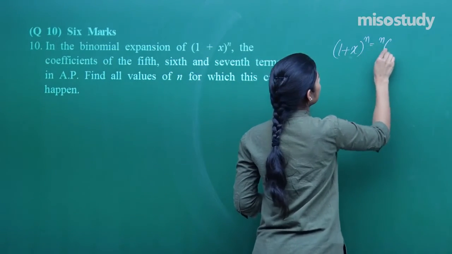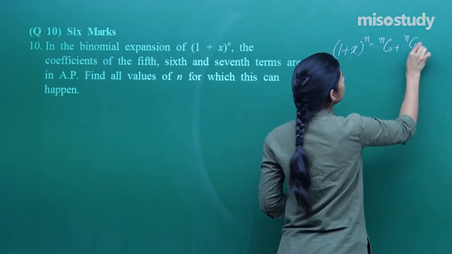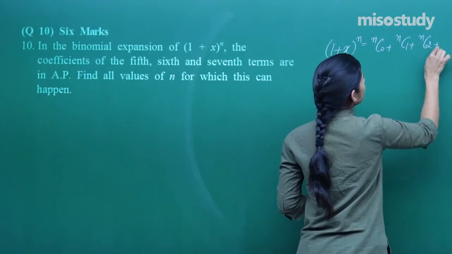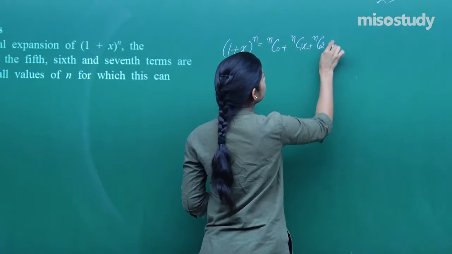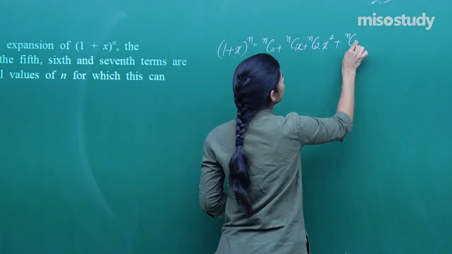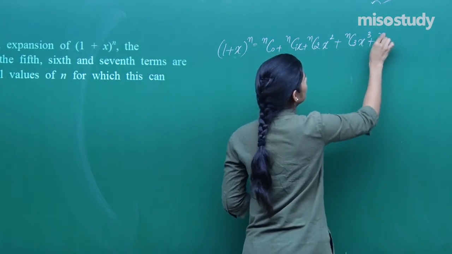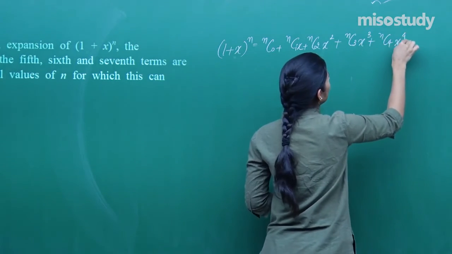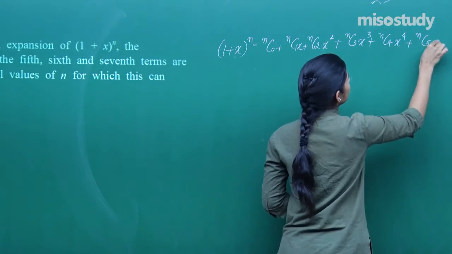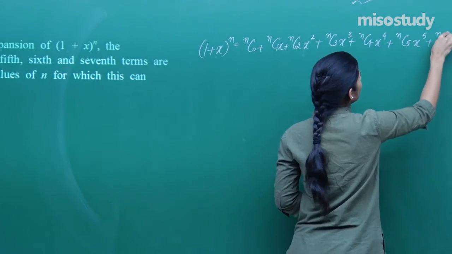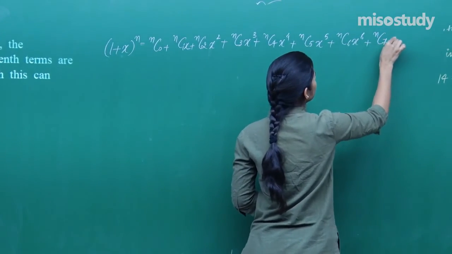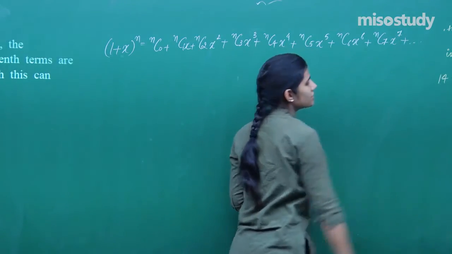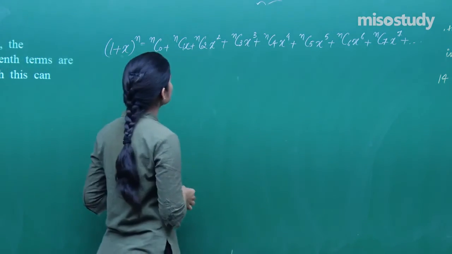I know it is nC0 plus nC1x plus nC2x square plus nC3x cube, nC4x to the power 4 plus nC5x to the power 5 plus nC6x to the power 6, nC7x to the power 7, and so on. 5th, 6th and 7th term.